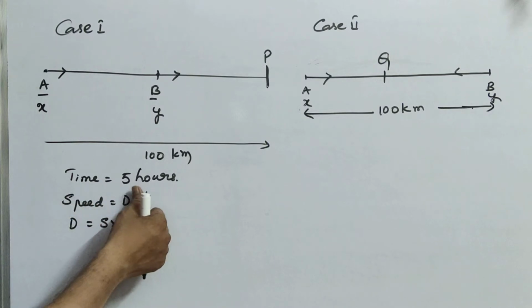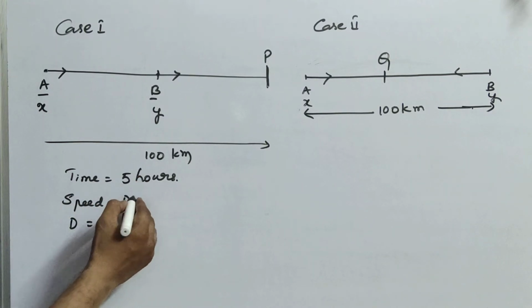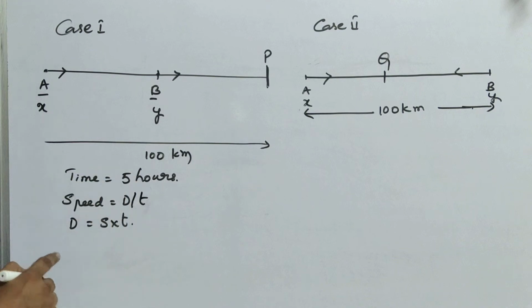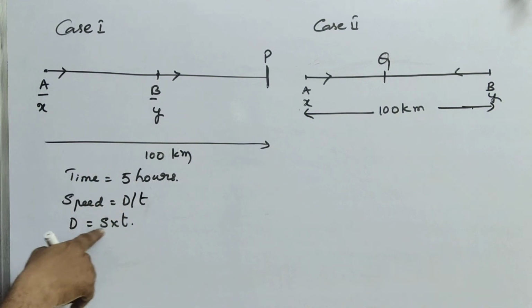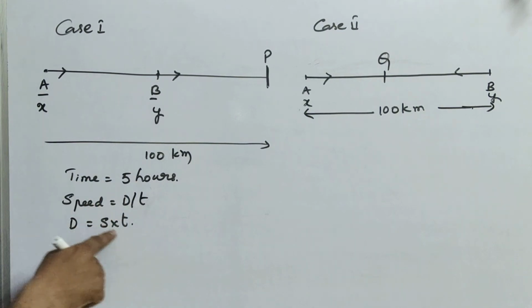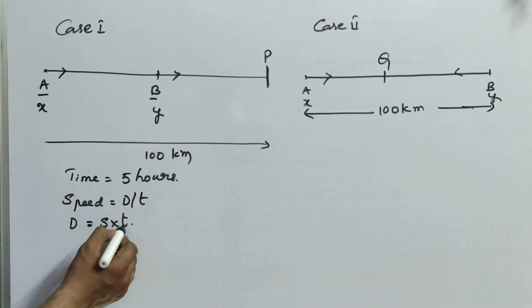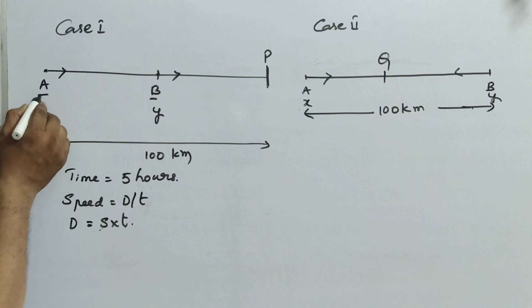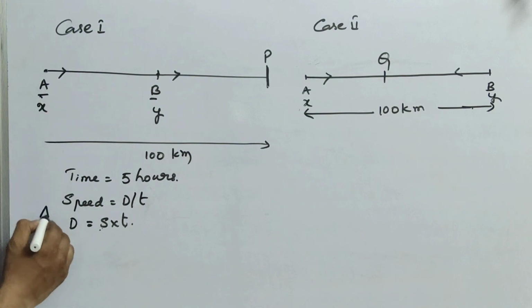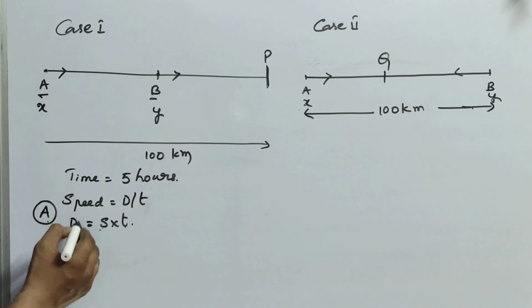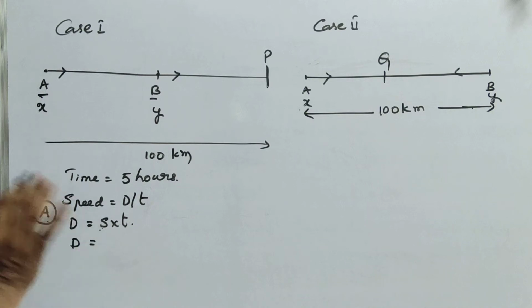These are the two formulas you have to know. Now distance equals speed into time. Speed of car A, I am telling you. So distance we don't know.